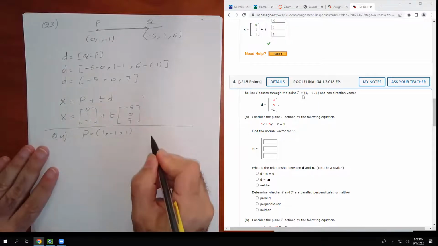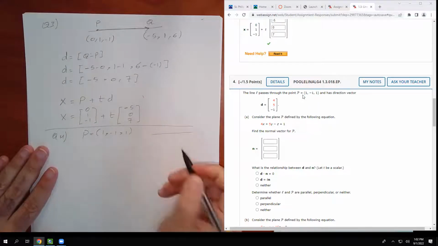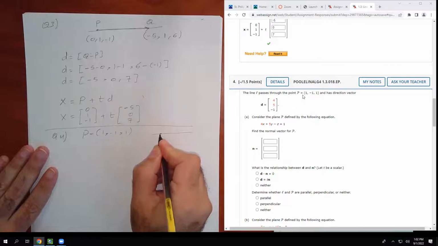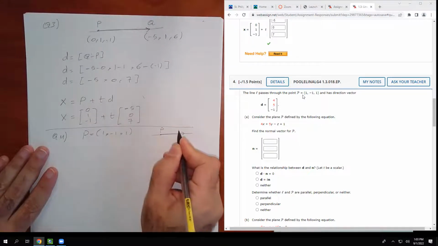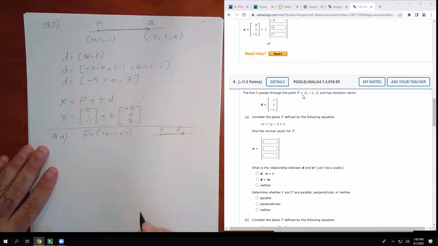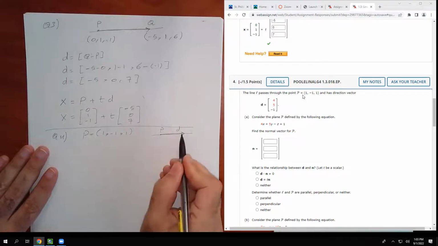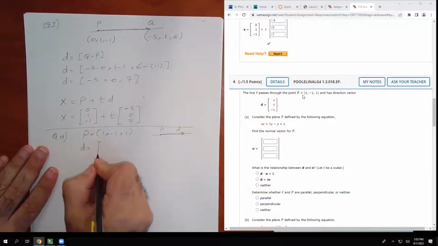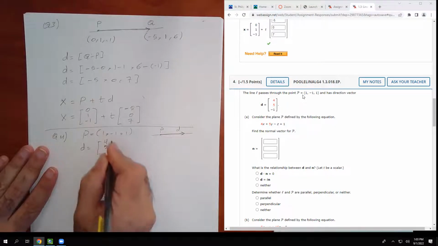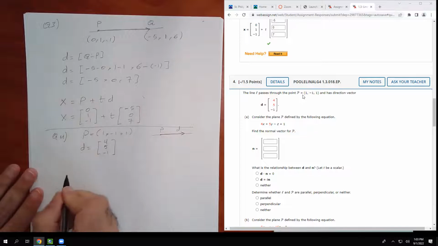You see, that means here is the line they're telling you, and here's the point P, and the line has direction vector D. So the direction vector equals 4, 5, -1.